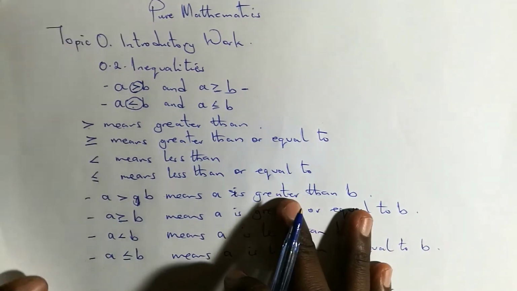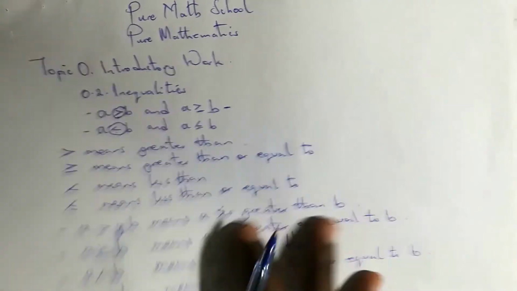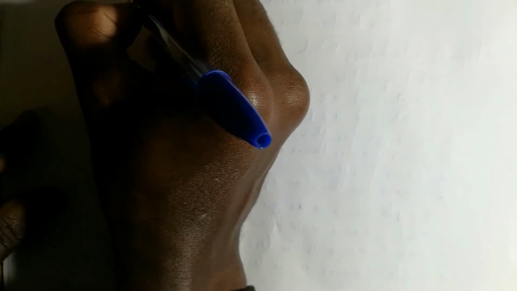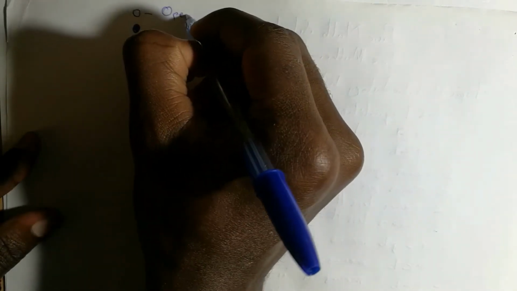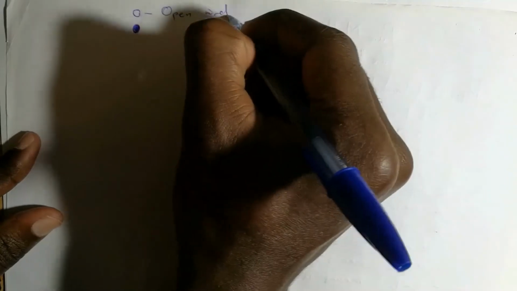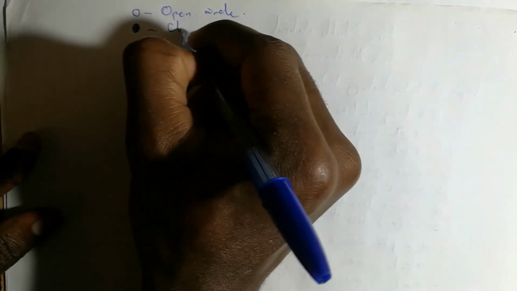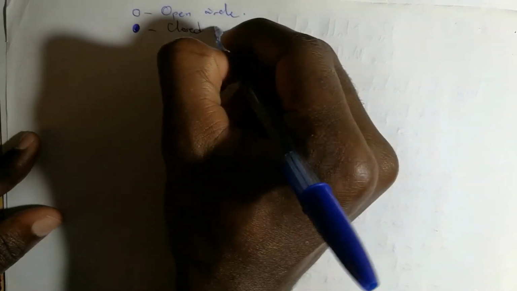Another thing we need to know about these inequalities, this and this, I can call this open circle. This one closed circle.